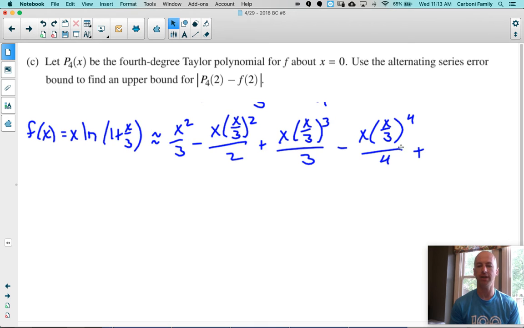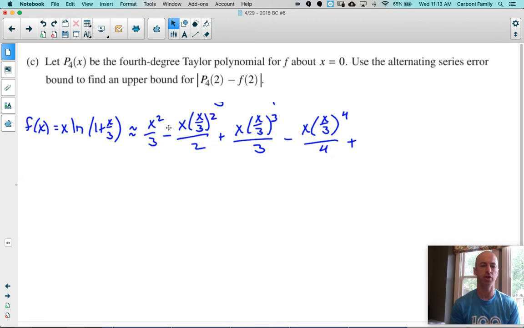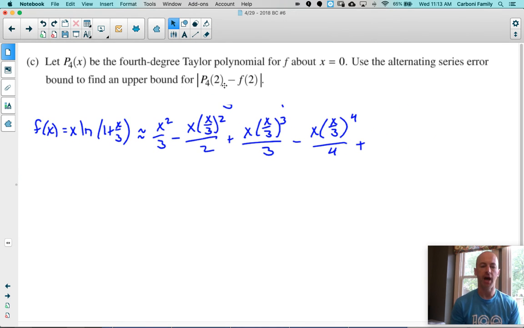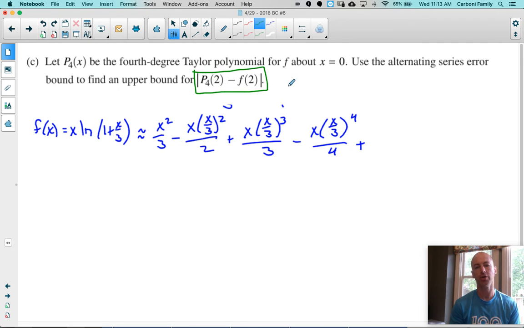Use the alternating series error test to find an upper bound for that. The Taylor polynomial at 2 minus the function's value at 2 is the error in using the Taylor polynomial to estimate the function's values. And the upper bound for an alternating series test is the first omitted term.